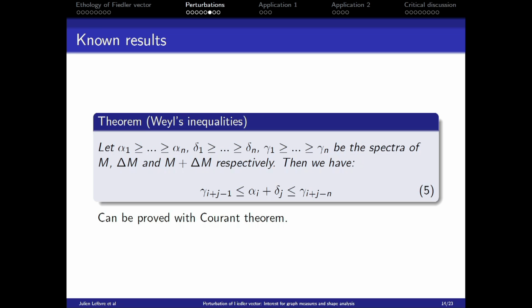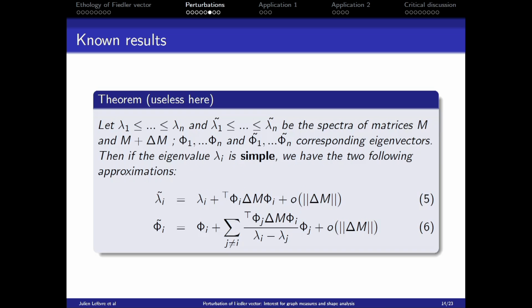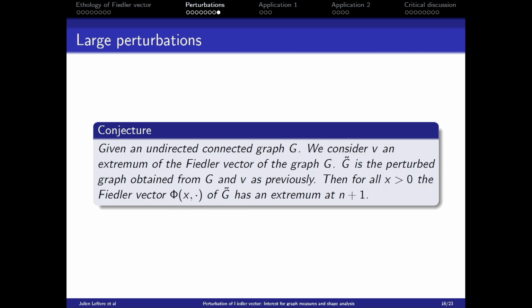It's based on some ingredients such as Weyl's inequalities when you perturb the spectrum of matrices. So I skip the proof, no time for it. I just want to insist on this conjecture: when you add a vertex to the extrema of the Fiedler vector, then for any perturbation, in particular when x tends to infinity, the Fiedler vector still has an extremum at this new vertex.